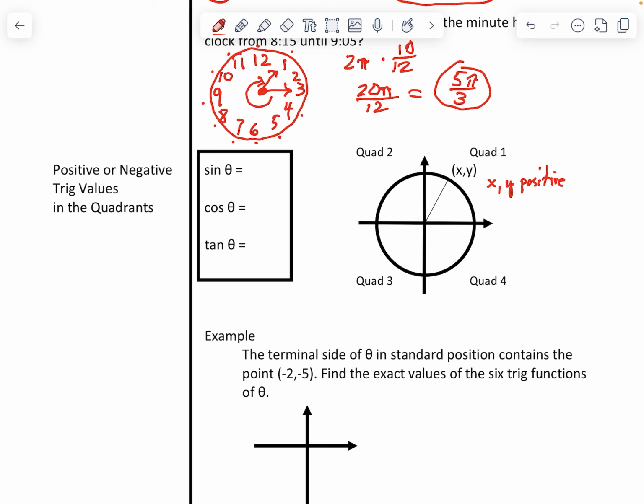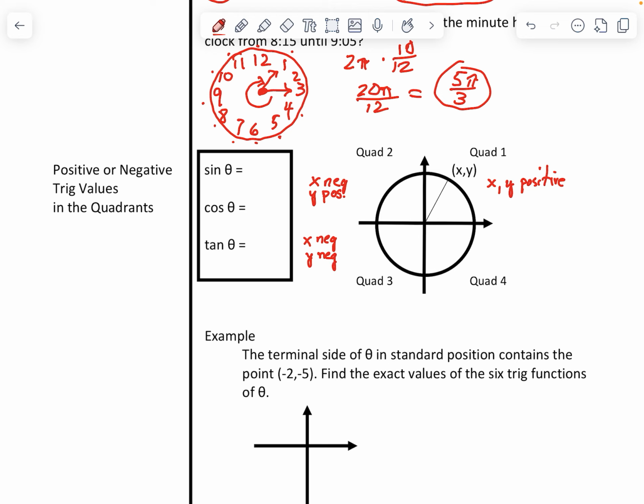In the second quadrant, x is negative, whereas y is positive. In the third quadrant, x is negative and y is also negative.